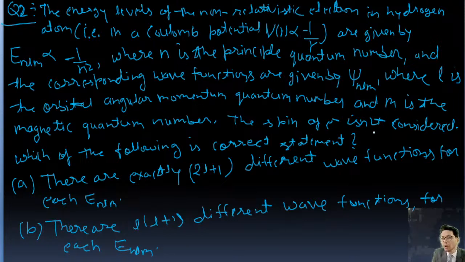The spin of electron isn't considered, so we are not considering the spin of electron. Which of the following is the correct statement? On the basis of that, we need to find out the correct statement.